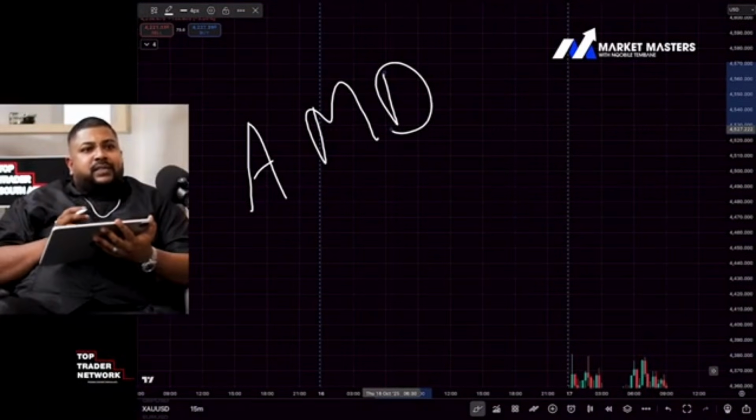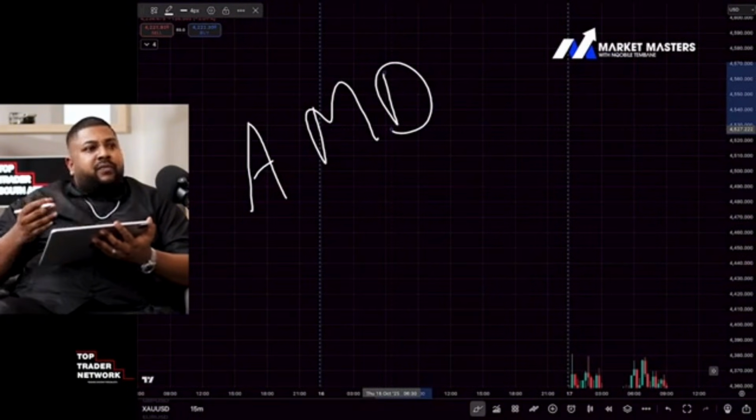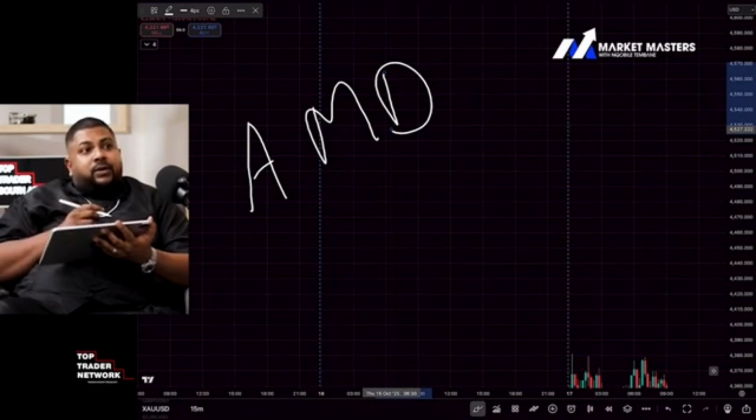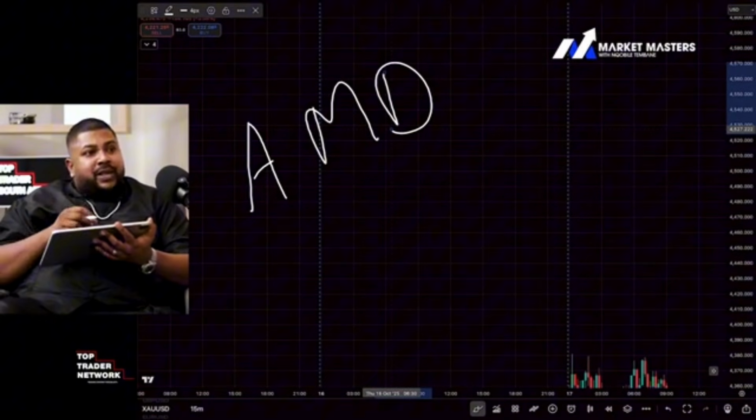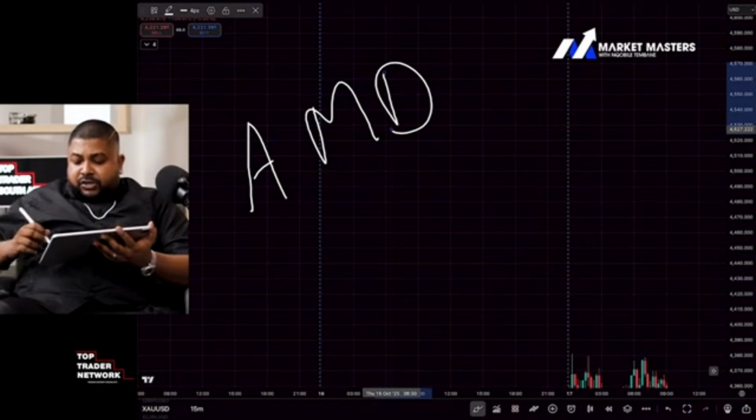These three phases are vitally important to me and to what we stand for and teach. Understanding which part of the market you are in and which phase to link that to is important. So accumulation, manipulation, and distribution is the core basis of our strategy.